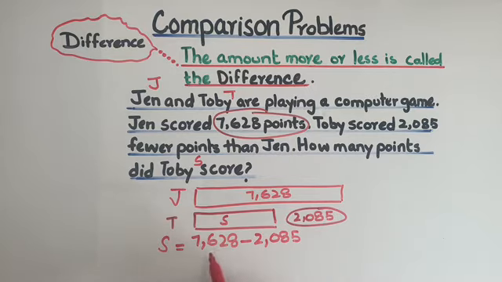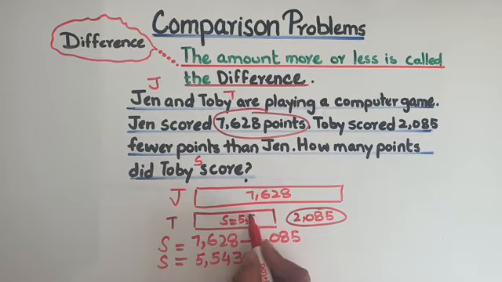So I'm going to subtract this from this, and in this way we'll get Toby's exact score. 7,628 minus 2,085 is 5,543. So 5,543 is the exact score of Toby.